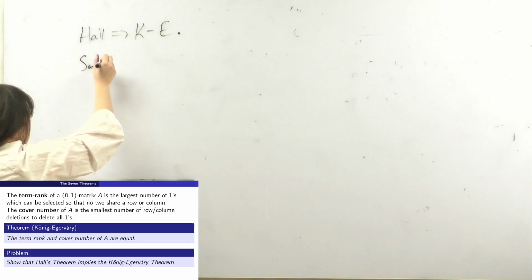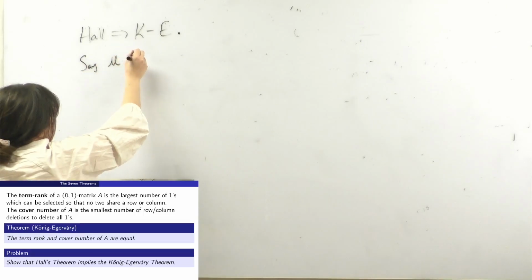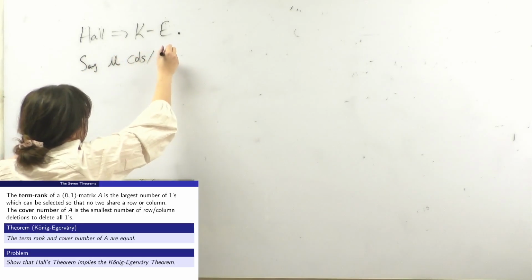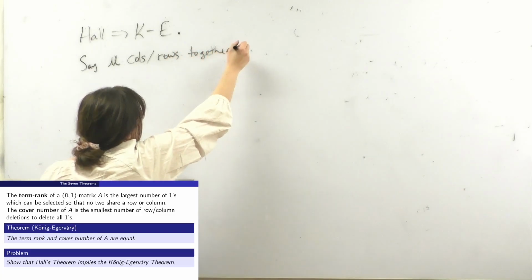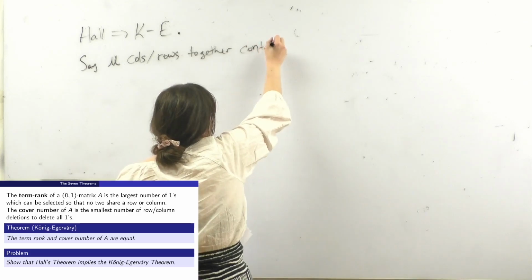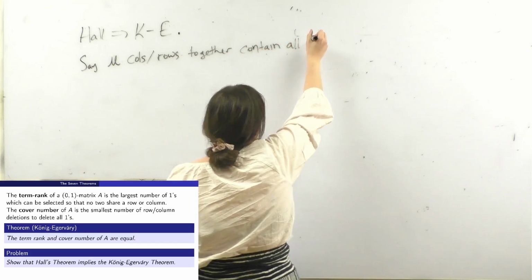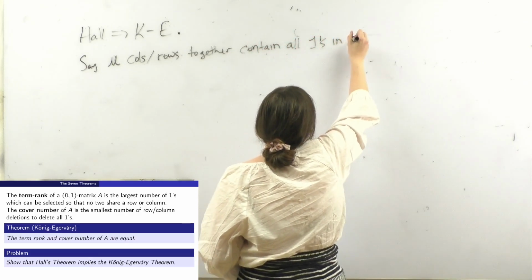let's say mu columns and rows together contain all ones in my matrix.